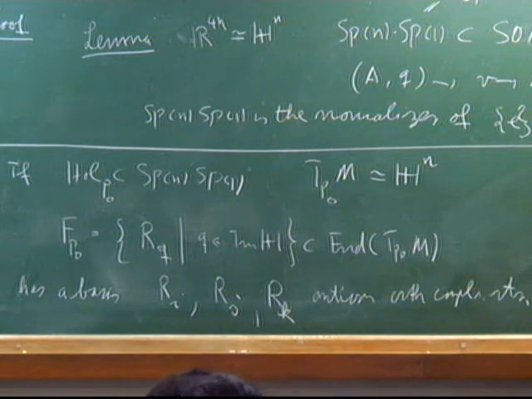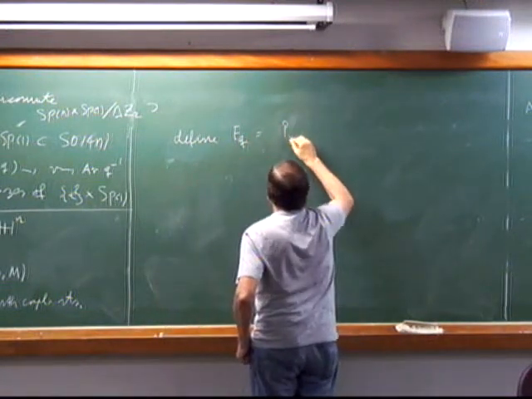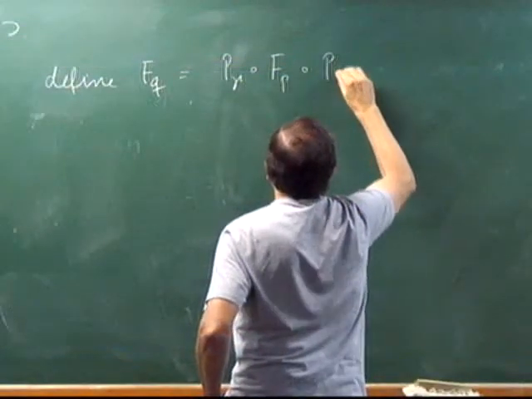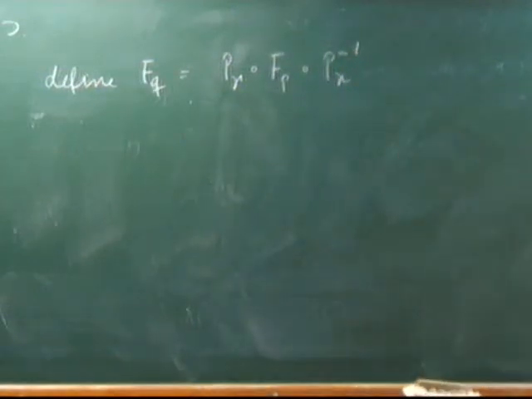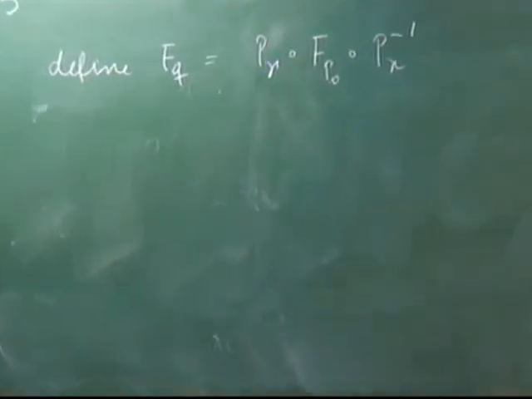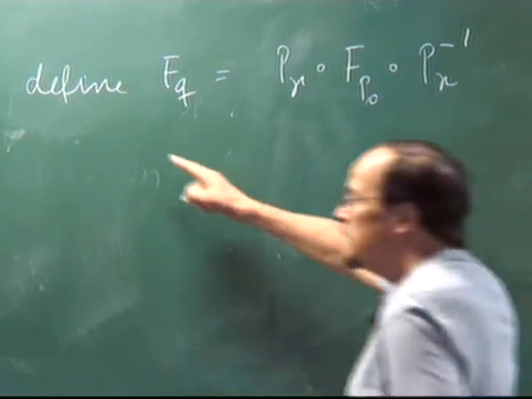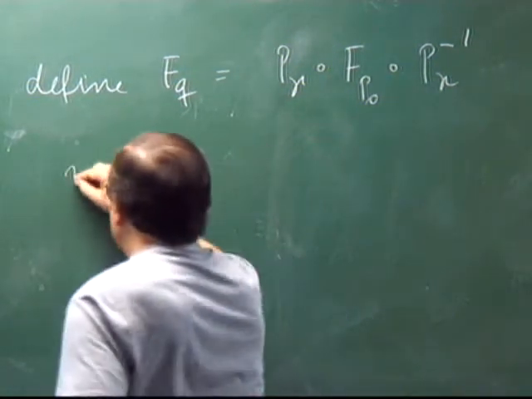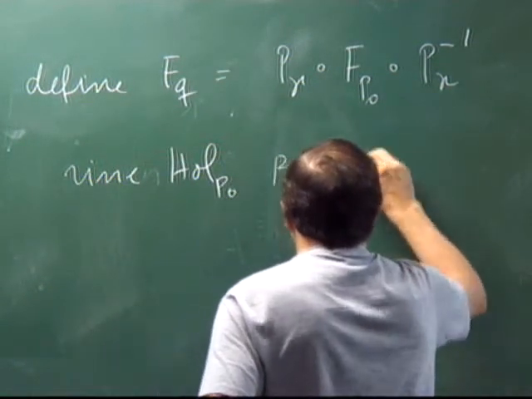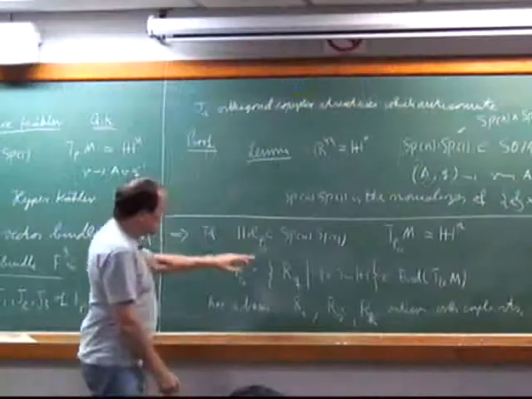So we'll now define F at Q as P gamma composed with F at P naught composed with P gamma inverse, in the sense that we discussed before. Gamma is a path from P naught to my other point Q, push it around with parallel translation, and since the holonomy at P naught preserves F at P naught, that's what this is here.